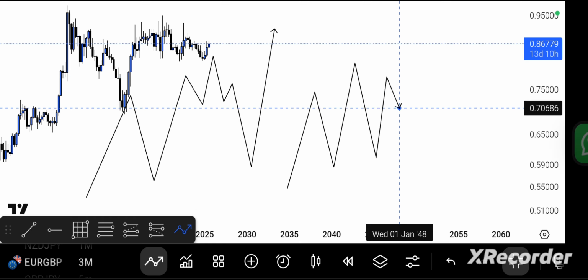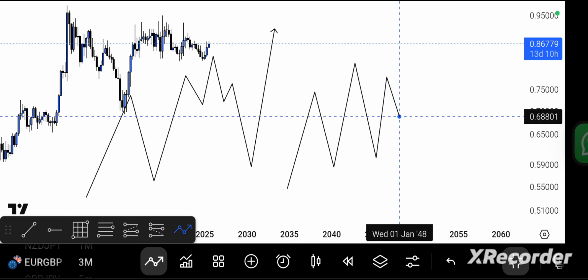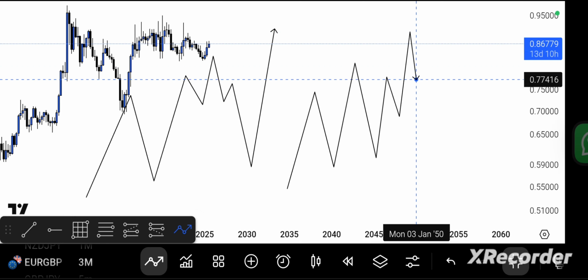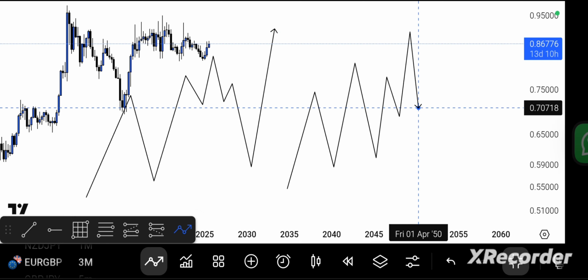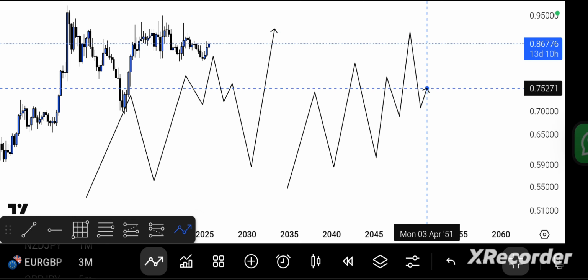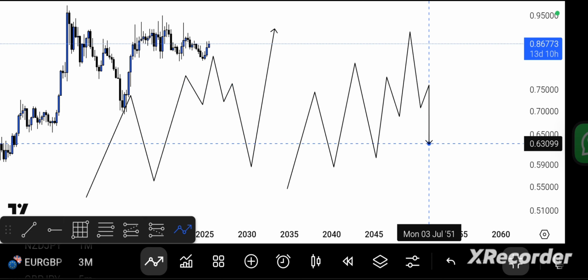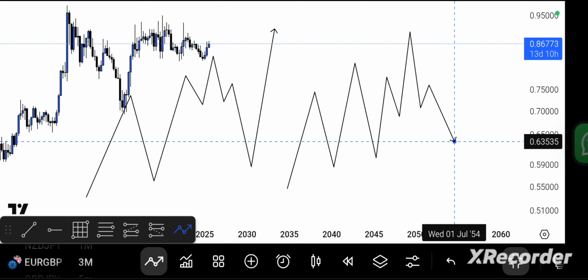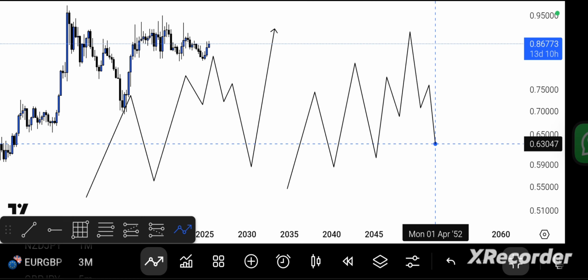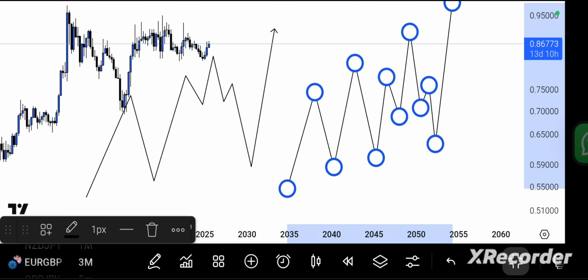So it reacts from this supply zone, gives us a little reaction, takes out the high. Now coming back, this becomes our inducement internally. So you see the market gives us a little reaction, takes it out, reacts from the external or the last order flow for that trade cycle. Then we expect a break of structure. So these are the two among many I look out for in a trade cycle.